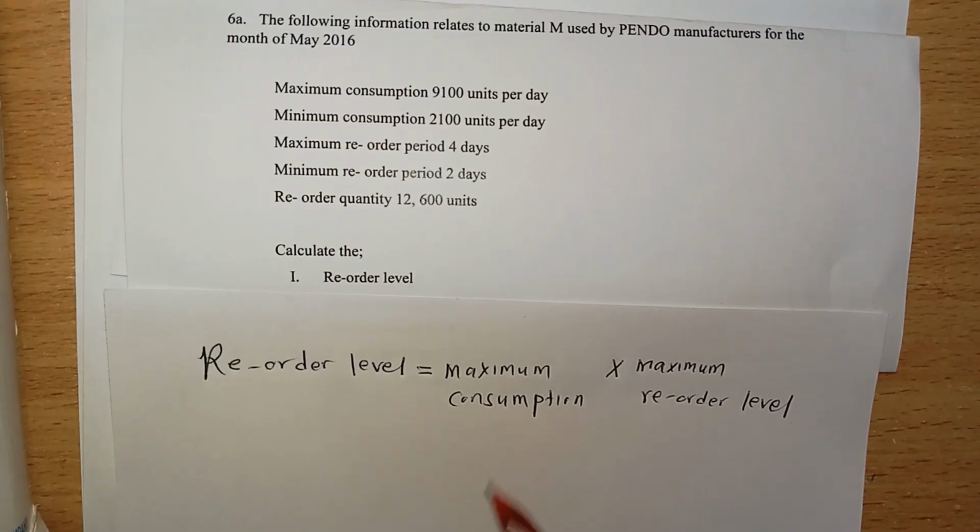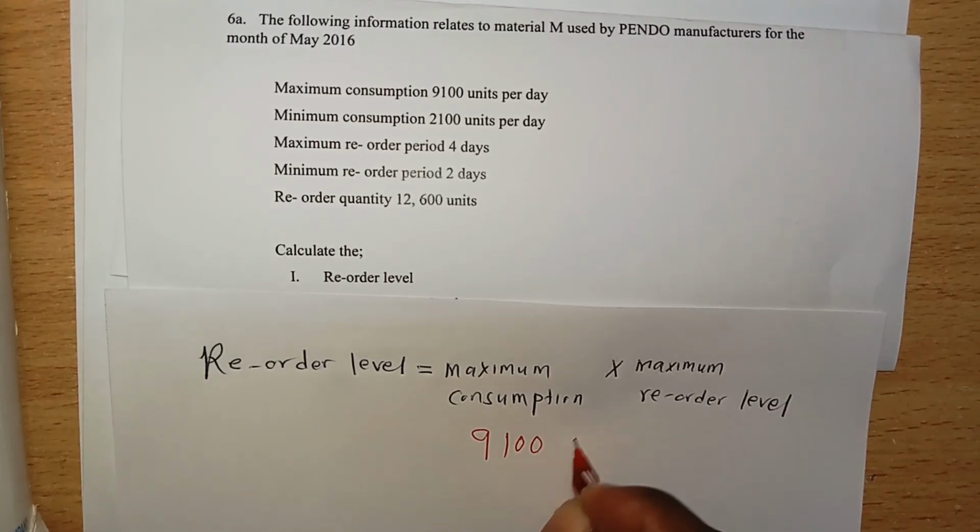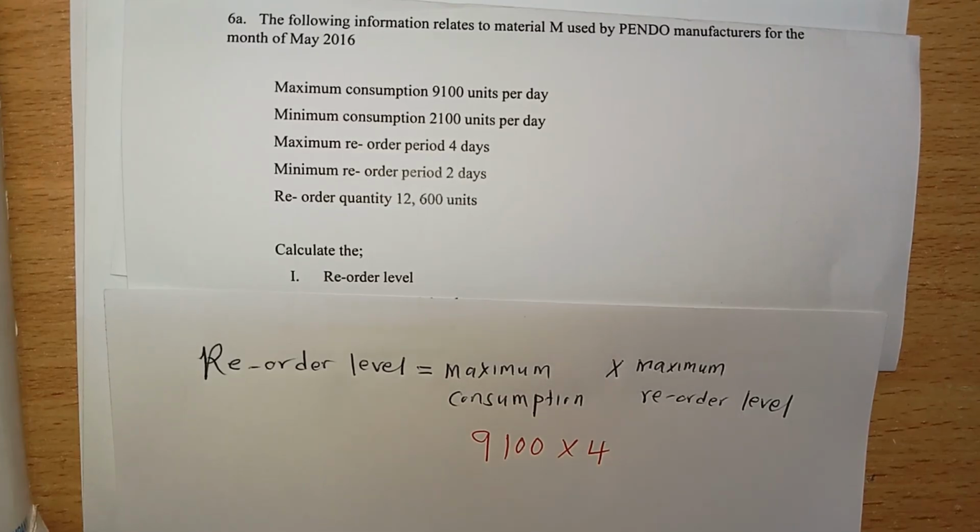So we take 9,100 and multiply by 4. My calculator is giving me 36,400. So that is the reorder level. That's how you find the reorder level.